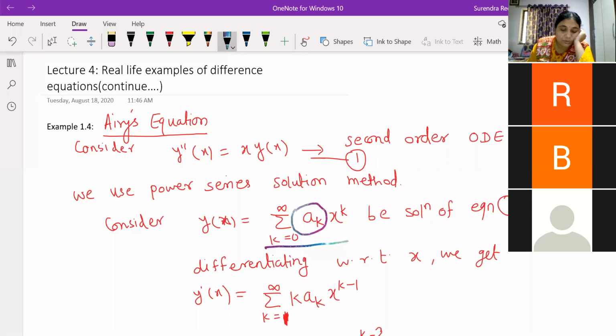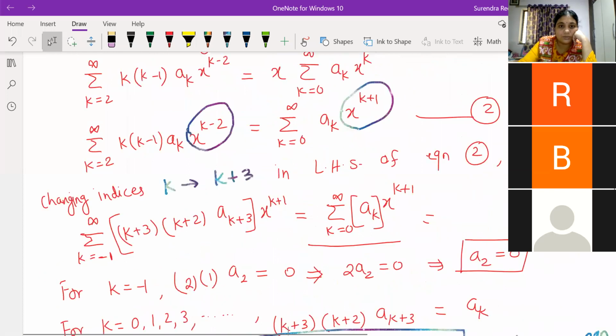We got those values of AK because we have considered this y(x) as a solution of this equation 1. So what is my final solution then? It will be in terms of A0 and A1. So I will write that final solution now.